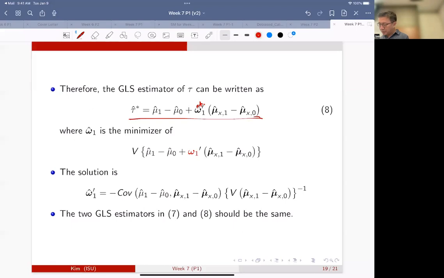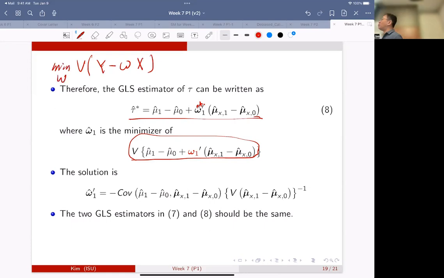So anyway, the minimum variance, you can view it like this, right? I mean, y minus omega x. So what is the minimizer of omega? Well, the minimizer is the covariance minus covariance y x and then variance x inverse.